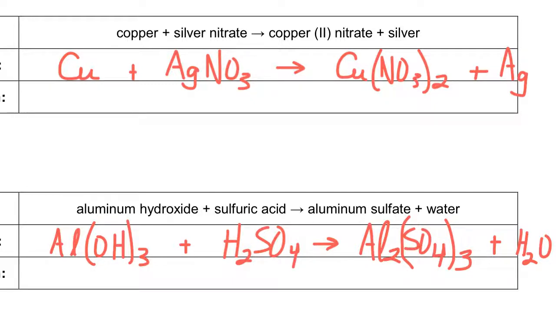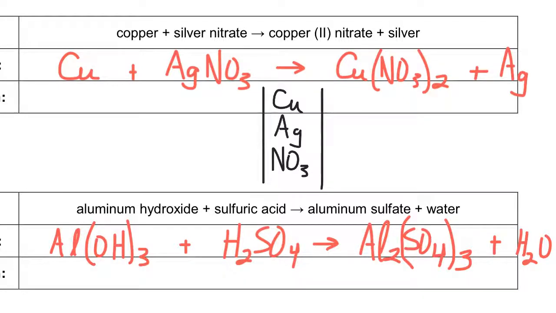So the ion stays the same from the beginning to the end. So when we're listing out all of the elements included, why not just keep the polyatomic ion together? So instead of writing nitrogen and oxygen separately, just keep it as nitrate. It makes your counting easier.